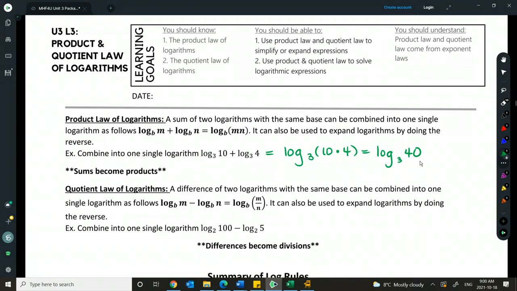And this relates back to exponentials, because if we're multiplying two like bases, what do we do with the exponent on those like bases? Back from exponent laws from grade 9. If I multiply x to the a times x to the b, what must I do with a and b?